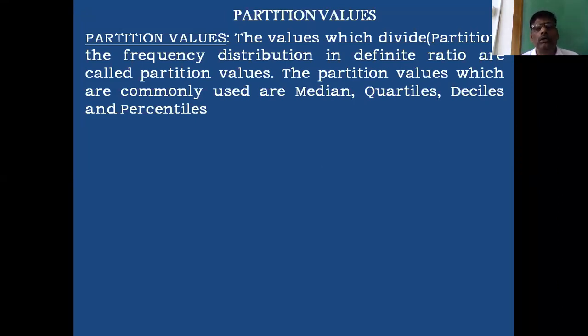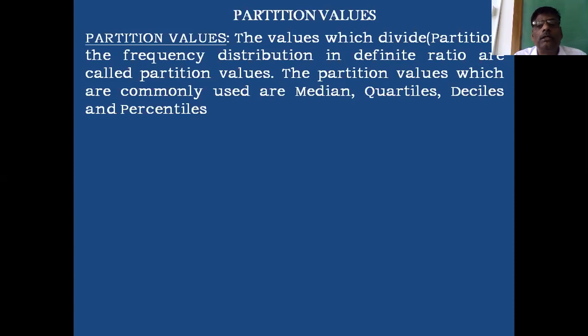Quartiles means total frequency is divided into 4 equal parts and we calculate 3 values, Q1, Q2, Q3. Decile means total frequency is divided into 10 equal parts and we calculate 9 values, D1, D2, D3, D4, D5, D6, D7, D8, D9.